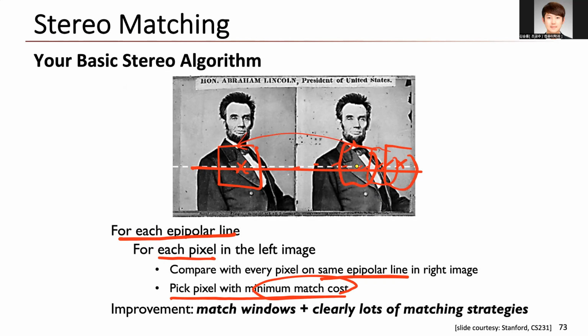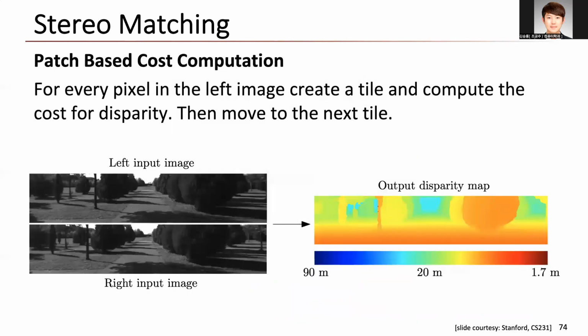It means that you require a better patch similarity technique. In other words, this is a patch-based cost computation. So for every pixel in the left image, create the tiles and compute the cost for the disparity, then move to the next tile.